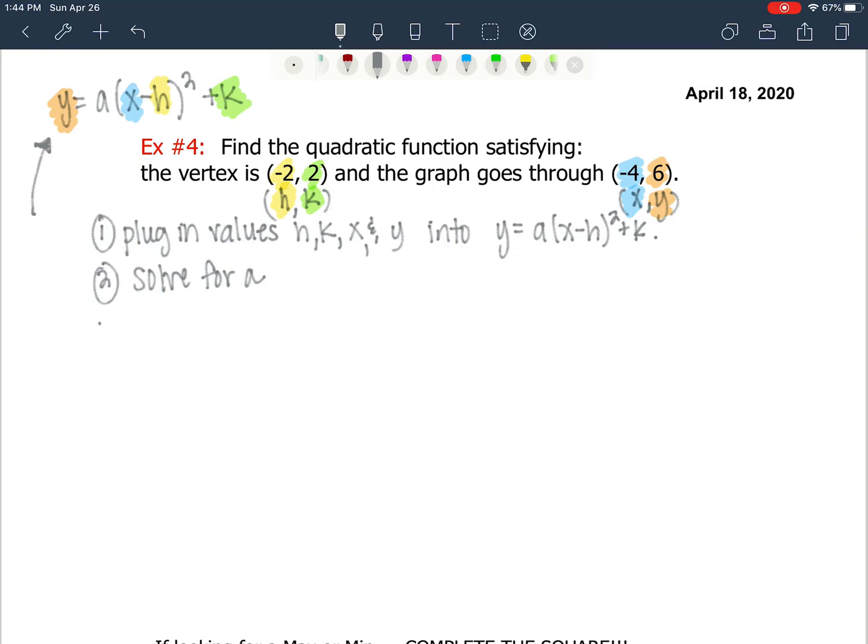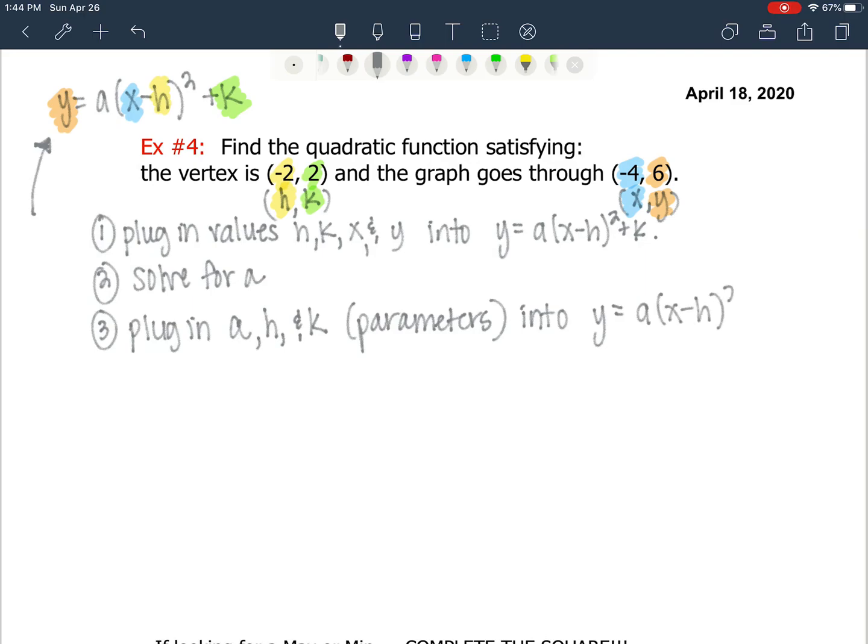Once we solve for a, we'll be able to plug in a, h, and k, which are called parameters, into our function y equals a times x minus h quantity squared plus k. And that's going to leave us a function with an input of x and an output of y.